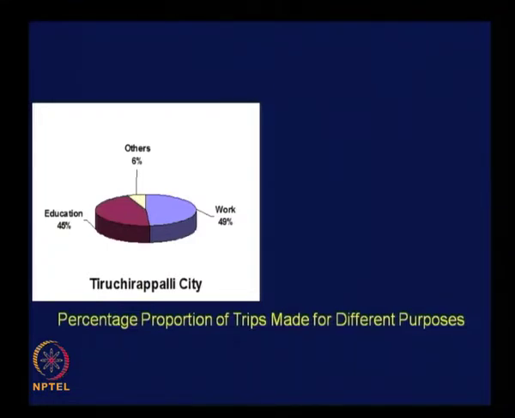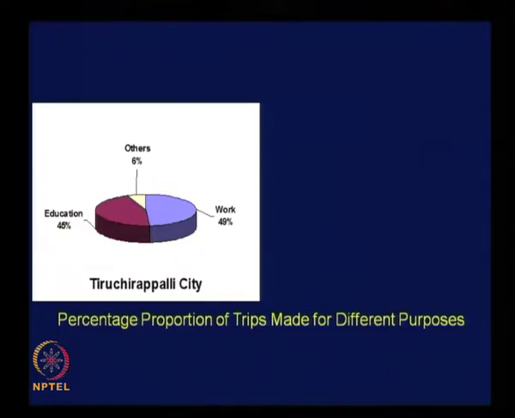Tiruchirappalli city's economy is agro based, lot of agricultural operation around the city. The periphery of the city is full of paddy fields, agricultural land, and two major rivers crisscross this city, Kaveri and Kolleru rivers.